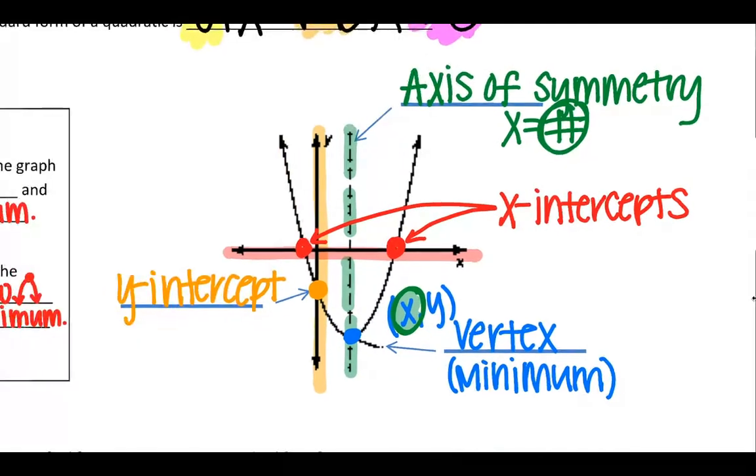So we were able to tell all those things from the graph. We also know that domain for quadratics is always, always, always negative infinity to positive infinity or all real numbers. And the range depends on if it's facing upward or downward. And that's dependent on this y right here.